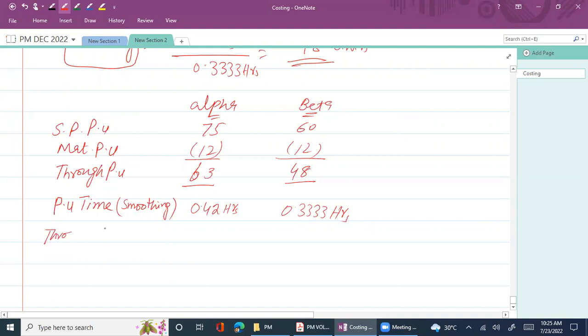If we divide the throughput per unit by the per unit time, we will get the throughput per hour. Please share the answer in dollars: how much is the throughput per hour for alpha and for beta. You need to divide 63 by 0.42 and 48 by 0.3333.